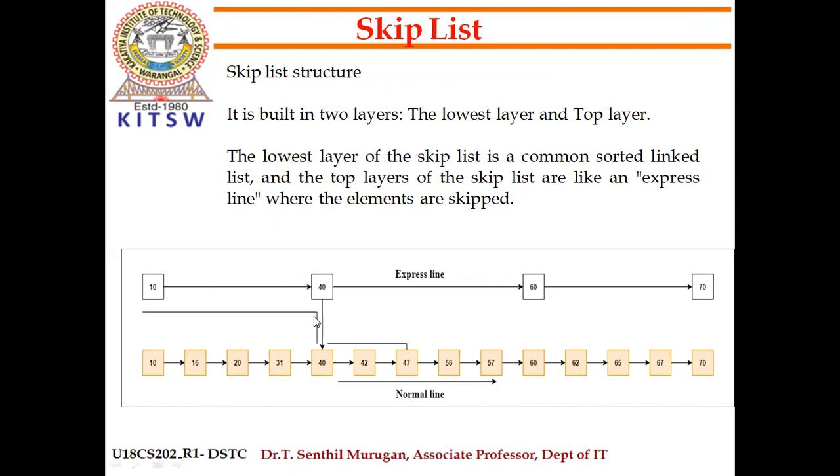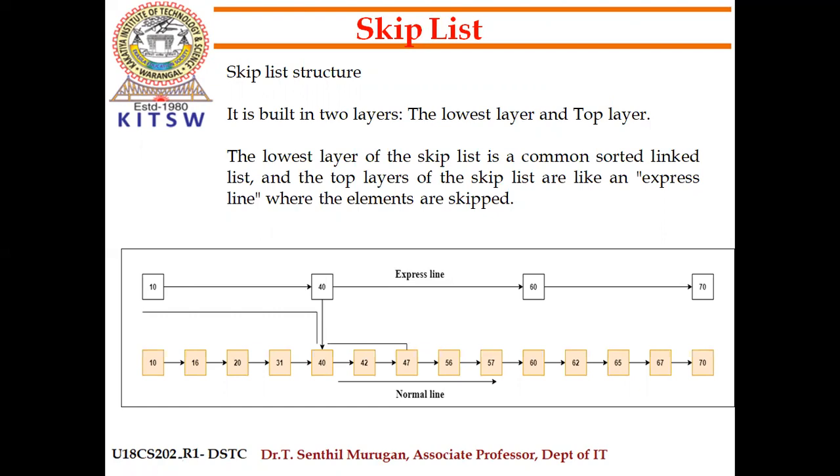See this diagram. This is the skip list structure. It is built in two layers: the lower layer and the top layer. The lower layer, that is the lowest layer of the skip list, is a common sorted linked list. In this, all the elements are there, just as a linked list is represented.